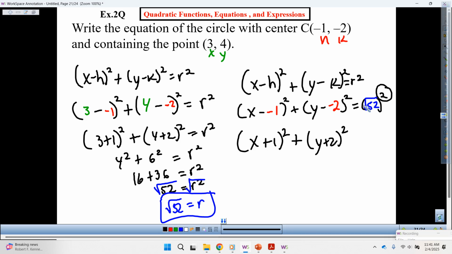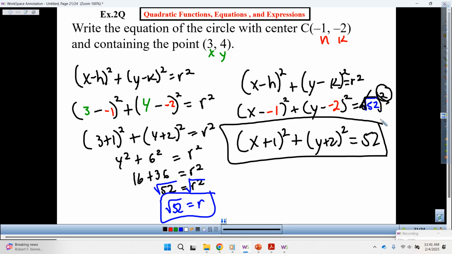What does this square do to this square root? It cancels it. That is correct, and that leaves us with 52. Hands if you got that by yourself. Of course, yeah, we got this. All right, send me your notes, please.